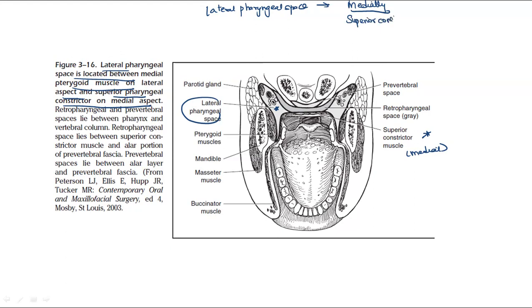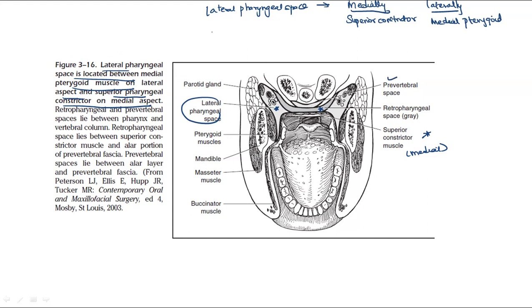Now, the retropharyngeal space. So this is the retropharyngeal space. It is situated between the superior constrictor muscle and the alar portion of the prevertebral space.